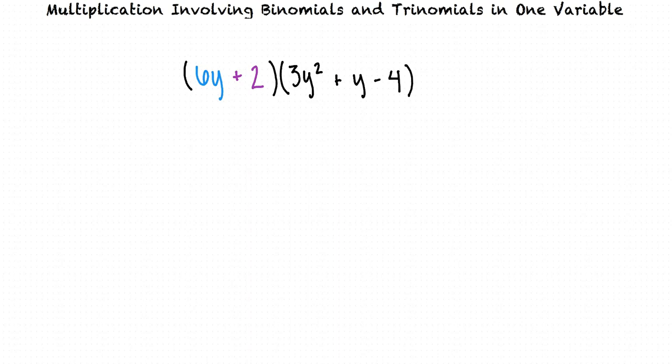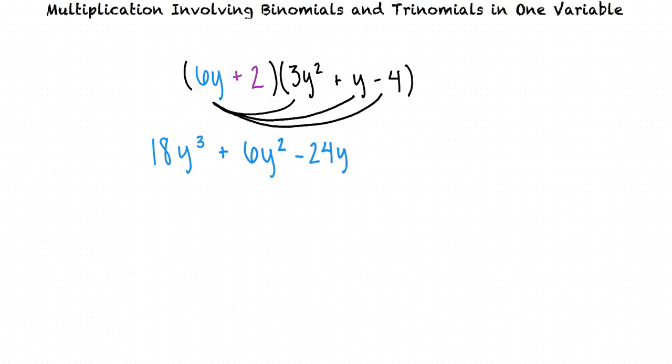We will need to distribute by multiplying every term in the second polynomial by the 6y and by the 2 in the first polynomial. We will start by multiplying 6y times 3y squared, which results in 18y cubed. Next, we multiply 6y times y, which results in 6y squared, and we multiply 6y times negative 4, which results in negative 24y.